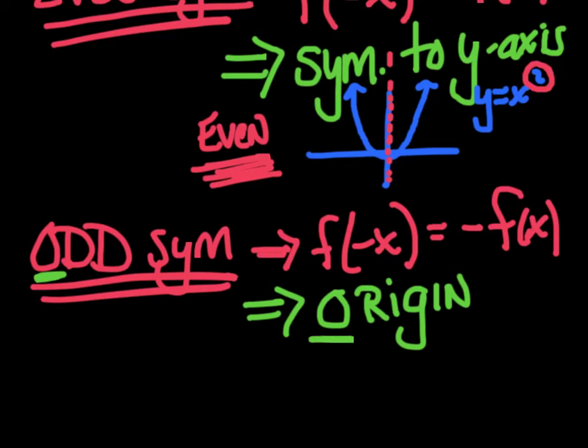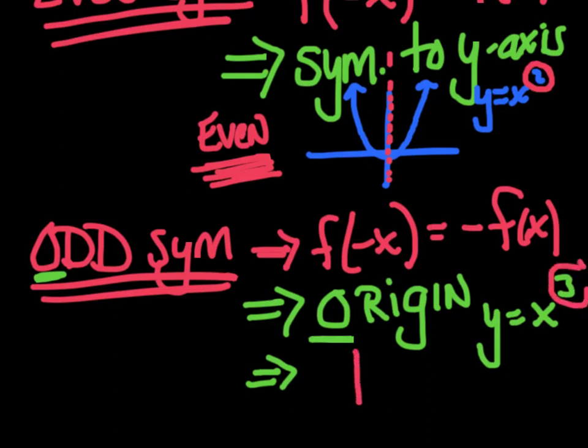Now, can you think of an easy odd function? Okay, I would say y equals x cubed. All right, think about its exponent. 3 is clearly an odd number, not an even number. If I take a look at x cubed, remember it's concave down till it gets to the origin, and then it's concave up.